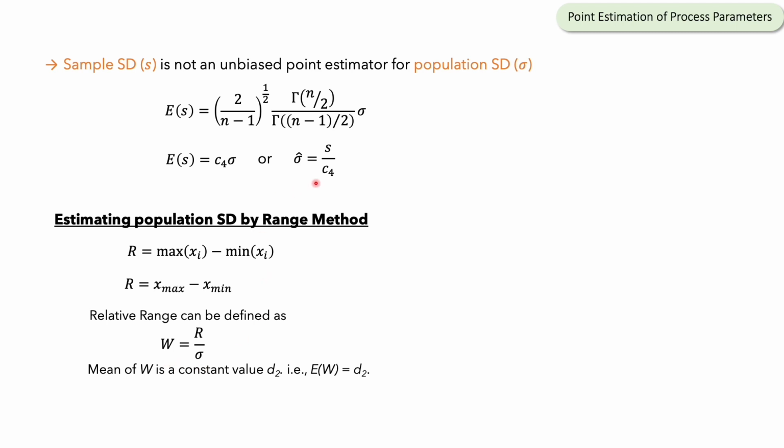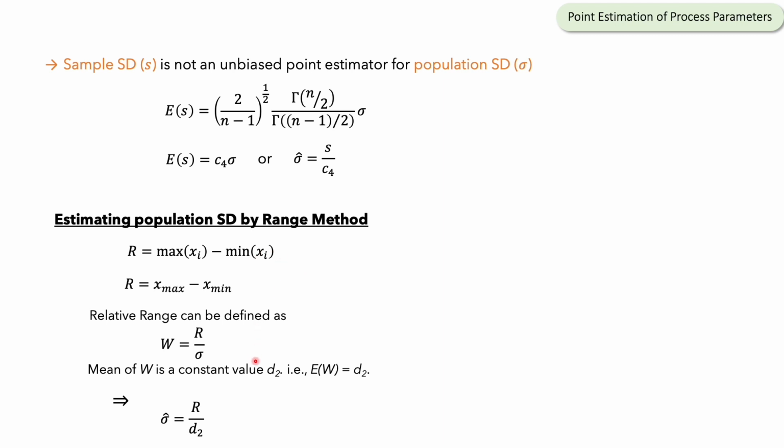Here it was C4 and here it is D2. So the expected value of W is equal to D2. From this we can write the expression that the estimated value of sigma is equal to R over D2, and this is calculated from the range.